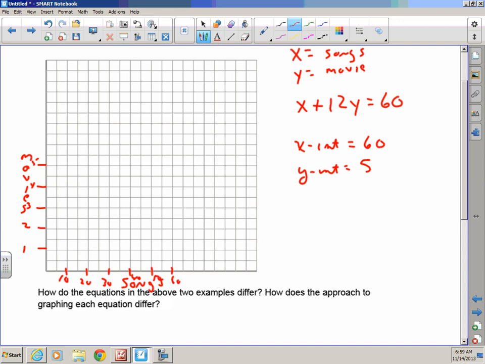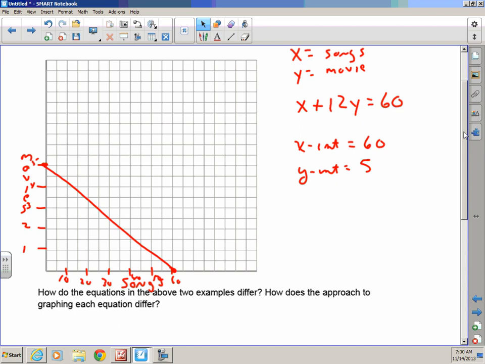The simplest thing to do is to graph my y-intercept, my x-intercept, and connect the two. And you could figure out, if you want to, any other potential points in between or combinations that will work.